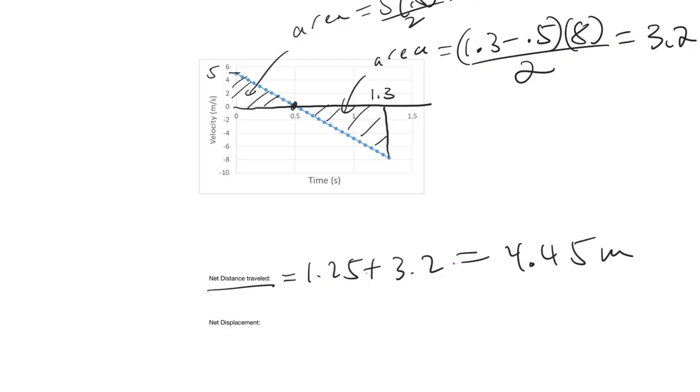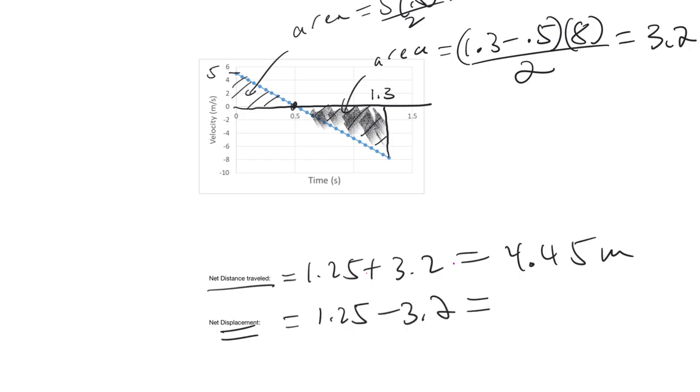Now, when you find the net displacement, you've got to make the area that's underneath the x-axis negative. So your answer is going to be the area above minus 3.2.